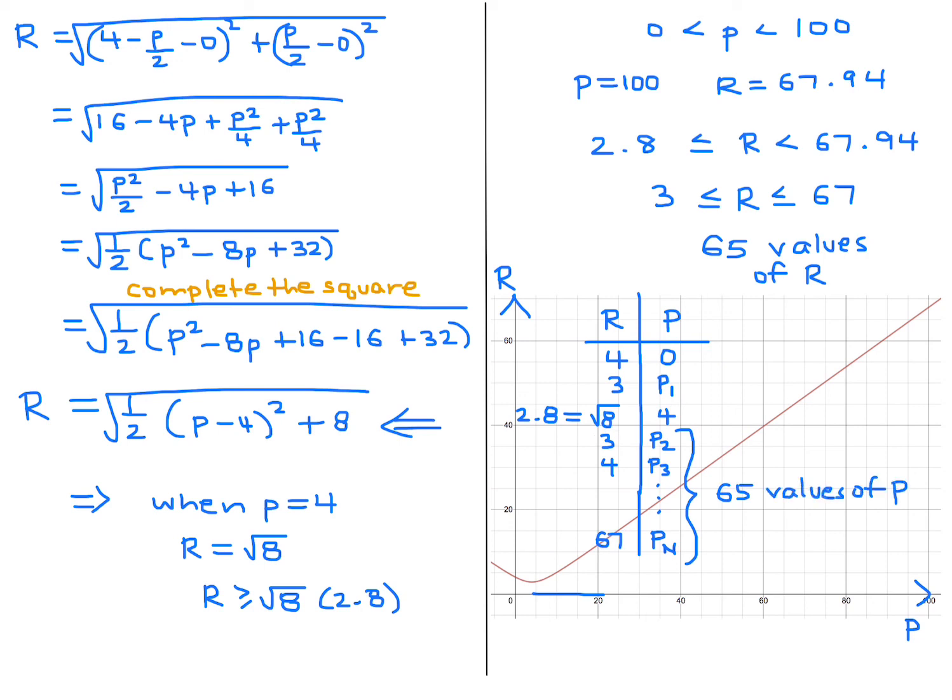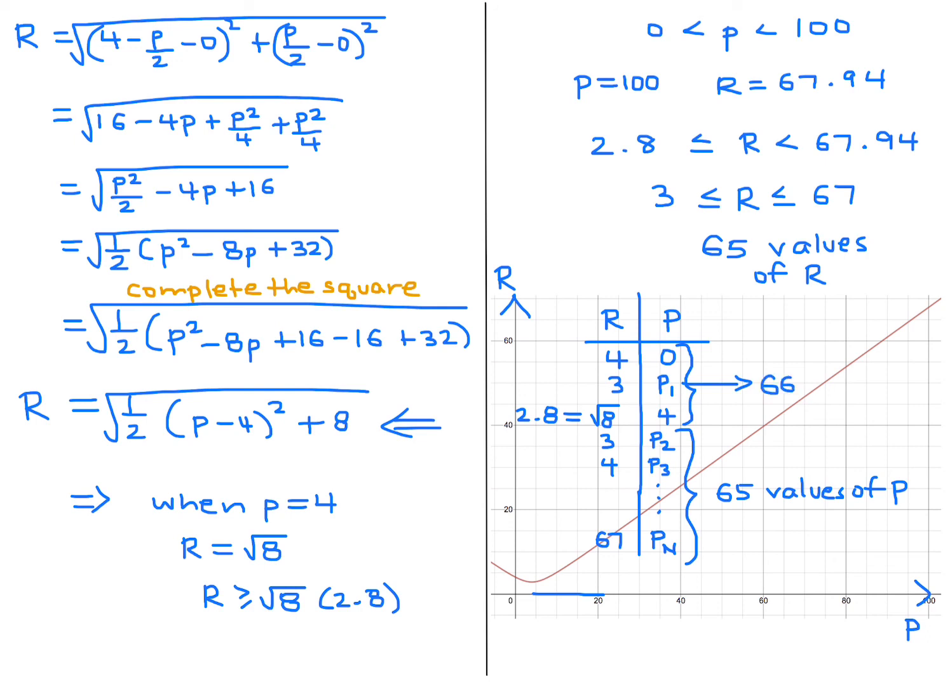But if you look at this part of the graph, you'll notice that there's one additional, and that's this one right here. The 4 for P gives me root 8, which is not an integer value for R. The 0 for P cannot be used because P is greater than 0. But the value of 3 as an integer is valid for some value of P, and that value of P has got to be used as well.